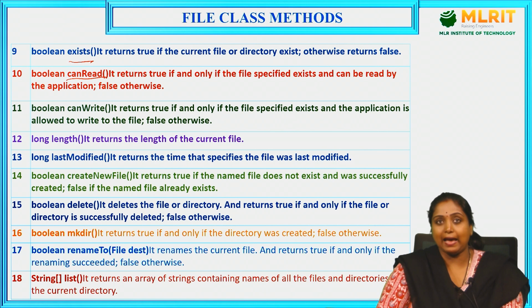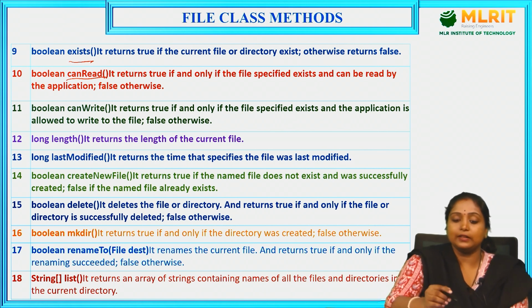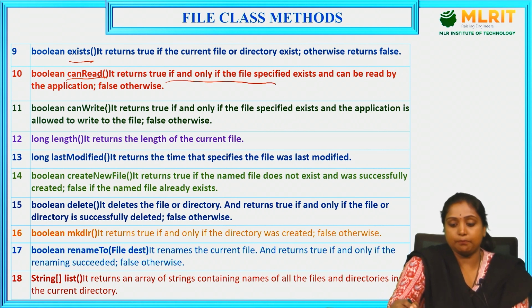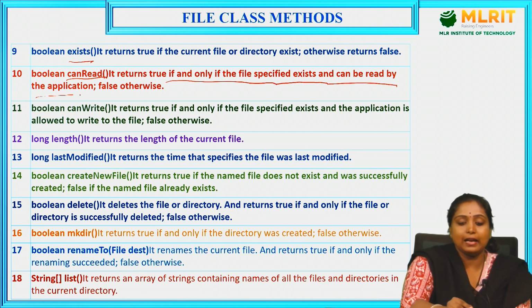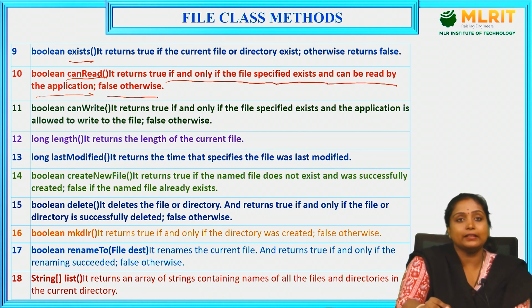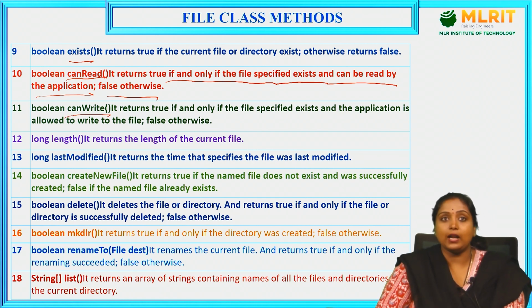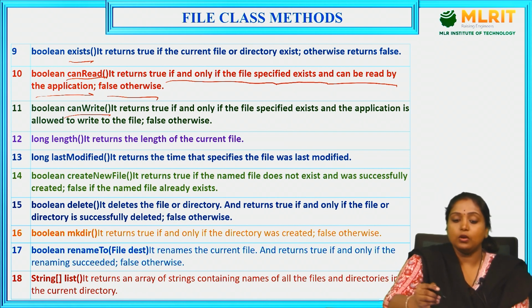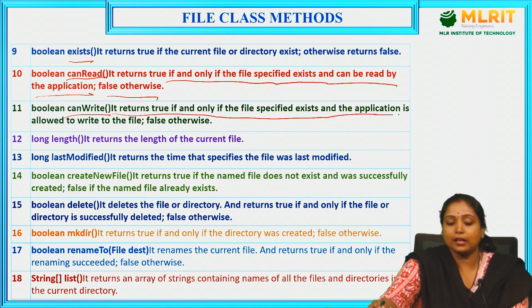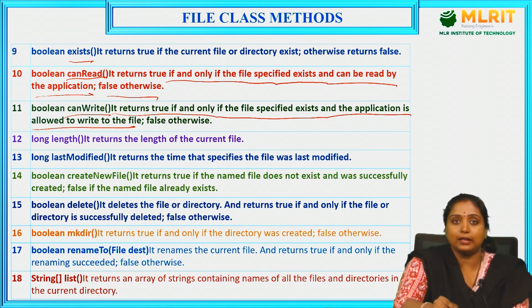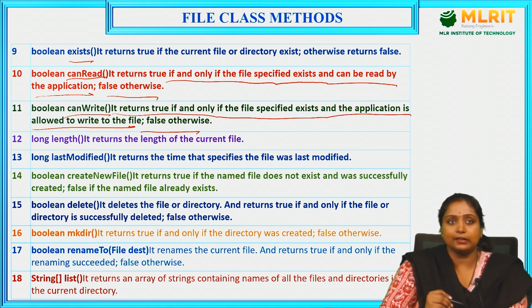It will return you true if and only if the file specified exists and can be read by the application, or it will return you false. canWrite will return you whether the specified file has the write permission for the application. So it returns true if and only if the file specified exists and the application is allowed to write to the file. Otherwise, it will return you false.